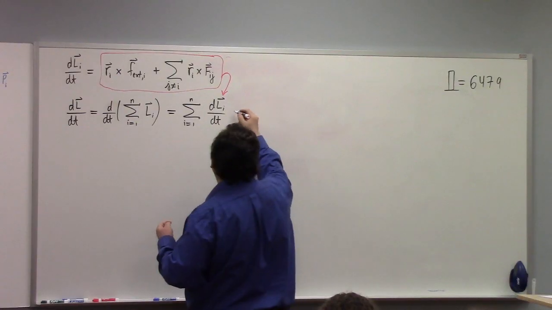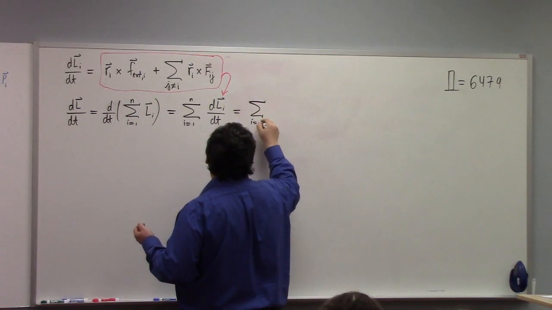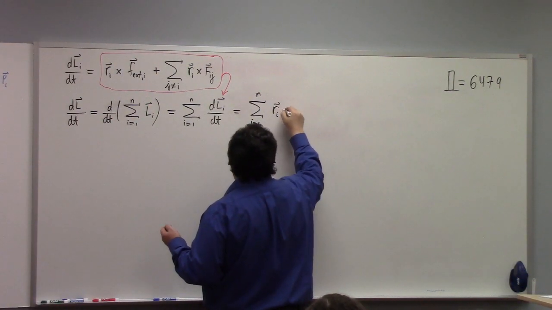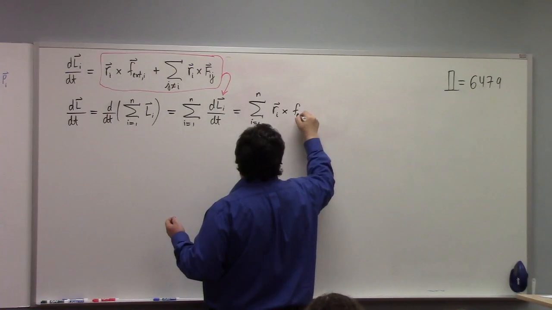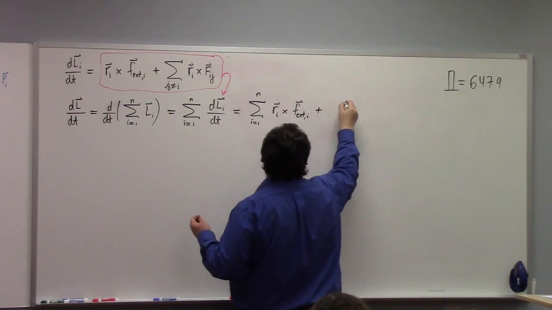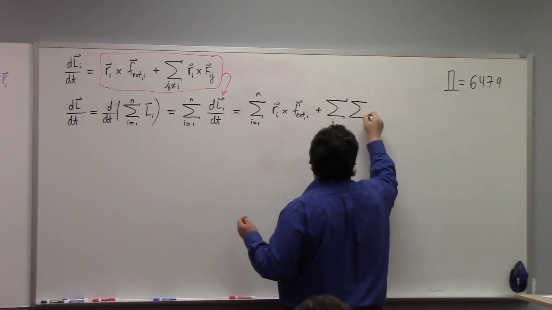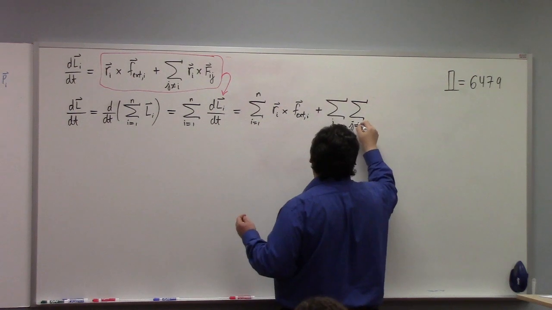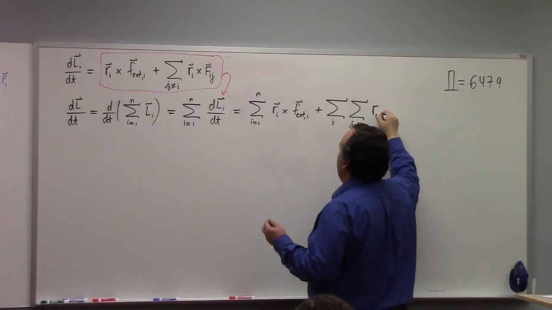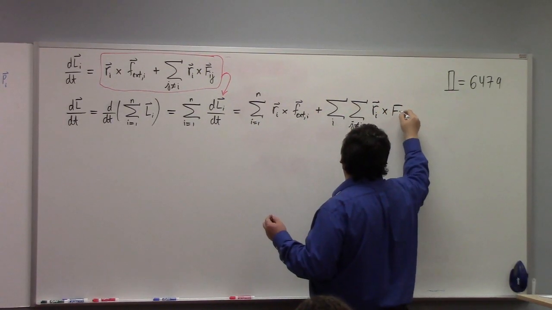And as such, I have the sum, i equals 1 to n, of r sub i cross the external force on the ith particle, plus, I'll write this as a separate term, the sum over i, the sum over j not equal to i, of r sub i cross f sub ij.